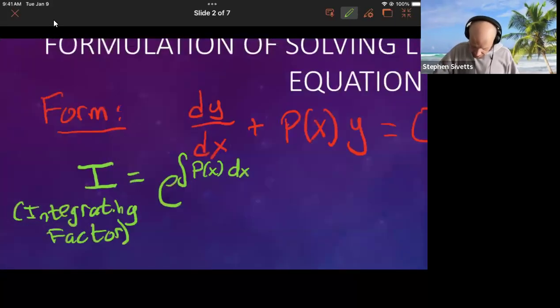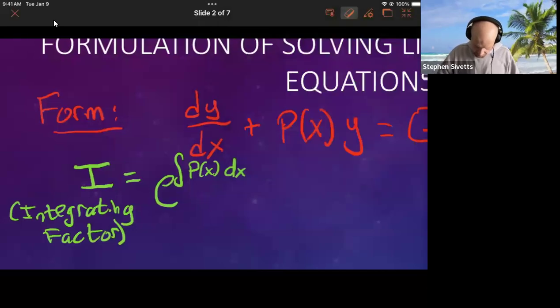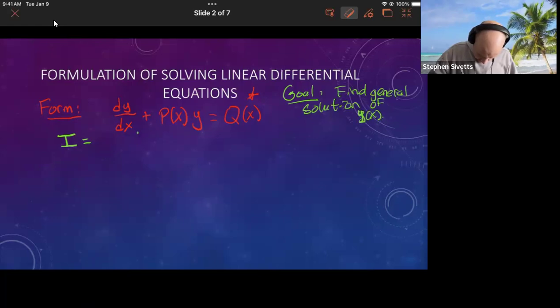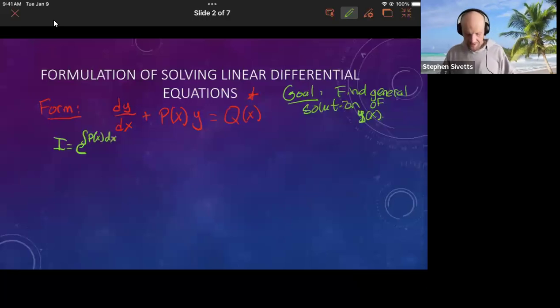So let me rewrite this just a little bit more clearly. I is what's called the integrating factor. And I, once again, will look like e raised to the integral of p of x dx. So p of x is in the exponent. Okay.